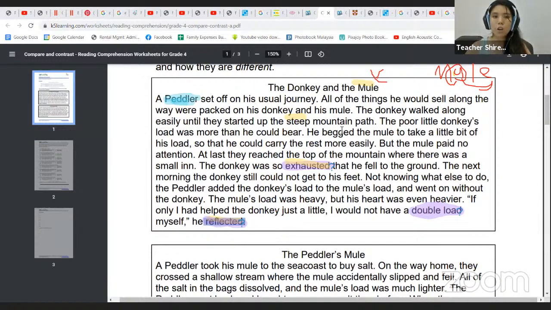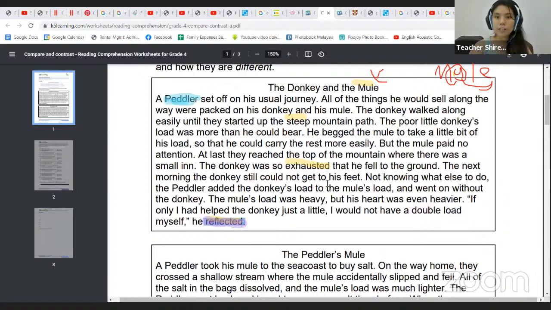And he went on without the donkey. The mule's load was very heavy, but his heart was even heavier. He's thinking, if only I had helped just a little earlier, he wouldn't have collapsed, and I wouldn't be doing such hard work right now, I would not have a double load. 就是双倍的工来做. He reflected. 他在反省. Understand?